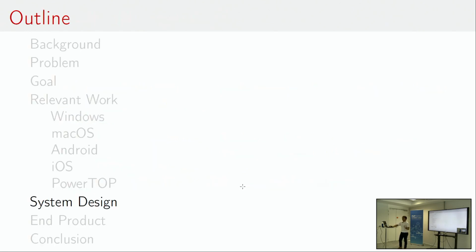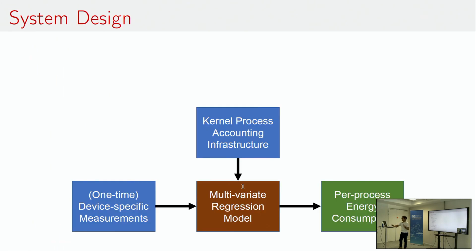OK, now let's dive into the system design for the solution. This is a very high-level overview of the system that I've been working on. There are two inputs to the system, a multivariate regression model, and one output. The first input is device-specific measurements. If you remember from the background, we talked about power being determined by the hardware. These device-specific measurements come from the hardware.